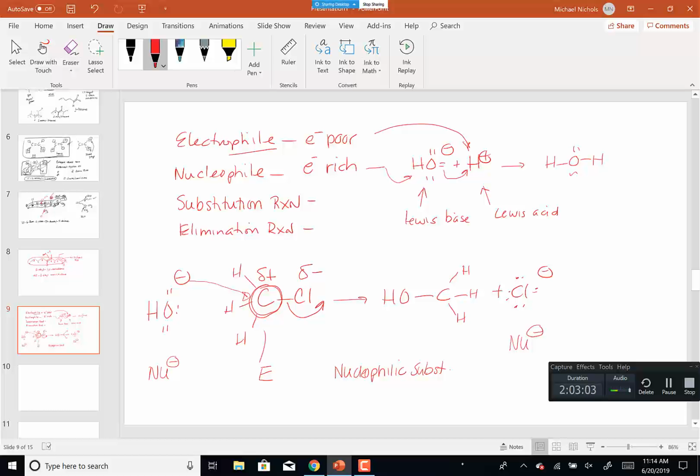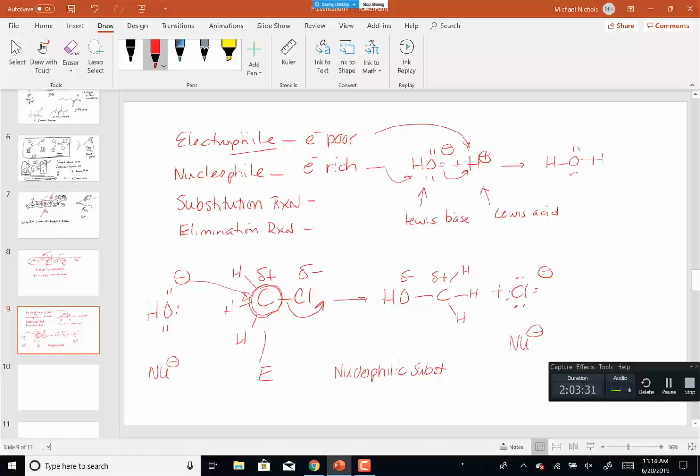And even in the end, the oxygen is still sharing more of, or owning more of, the electron density than the carbon is. So the carbon just basically had one group substitute for another, and now you could say the carbon owns a little bit more electron density because the oxygen isn't as electronegative.